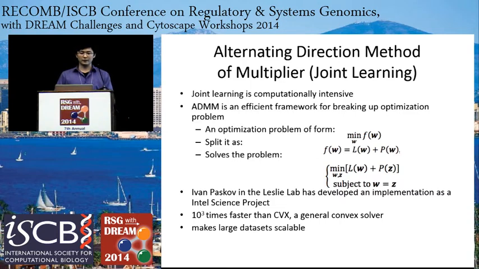So Yuan Paskov in the Leslie lab has developed an implementation of the ADMM as his Intel science project in high school. And his implementation in MATLAB is 10 to the 3 times faster than CVX, a general convex solver. And this has made our joint learning on large data sets possible and very scalable.